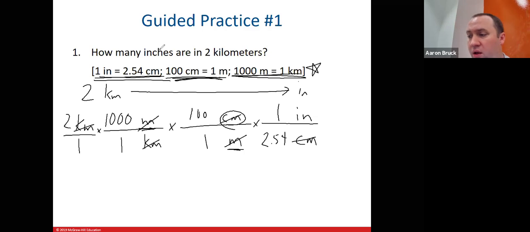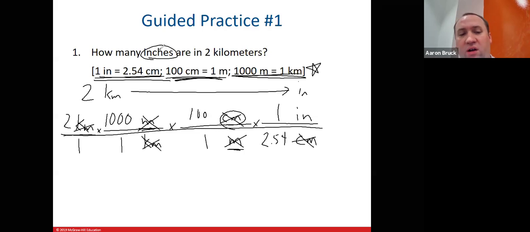And so I go to do all of my calculations. I see my kilometers have canceled, my meters have canceled, my centimeters have canceled, my inches have not canceled, but that's what I'm trying to find anyway. So that's what I want. To do the mathematics, I multiply by everything in the numerator and I divide by everything in the denominator. So I get 2 multiplied by 1,000 multiplied by 100 and divided by 2.54.